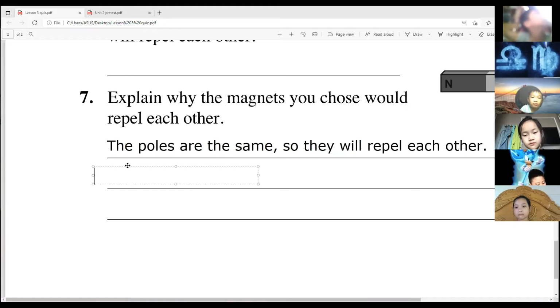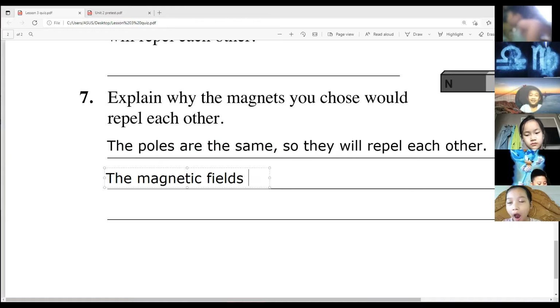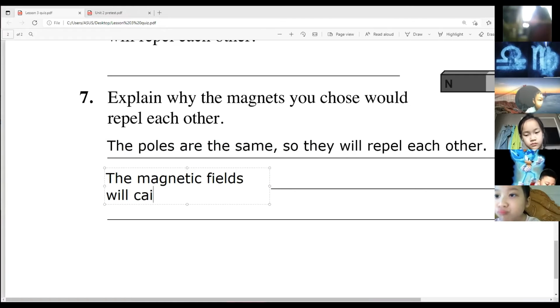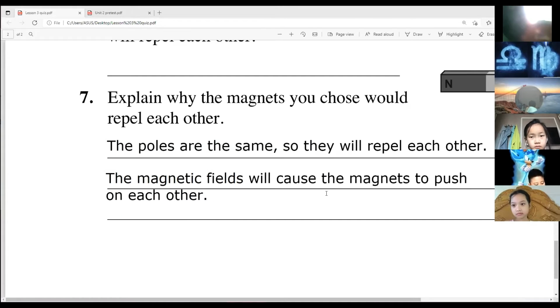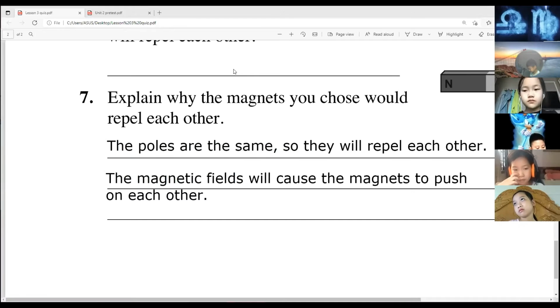The magnetic fields will cause the magnets to push on each other. This is another sentence you could have written, okay? There are tons of different examples that you could have written, but you needed to explain why they're going to repel, and you had to recognize it's because the poles are the same, and the magnetic fields. If you mentioned both of these, you'll probably get 100%.